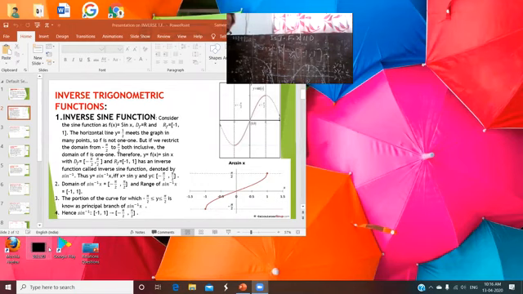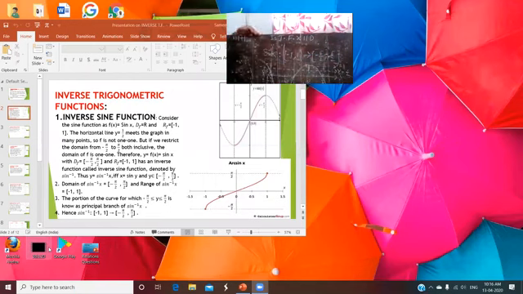So the inverse of sine exists, whose domain is minus pi by 2 to pi by 2 and range, no doubt, minus 1 to 1. In this way, you can say that sine inverse x is a function from minus 1 to 1 to minus pi by 2 to pi by 2.